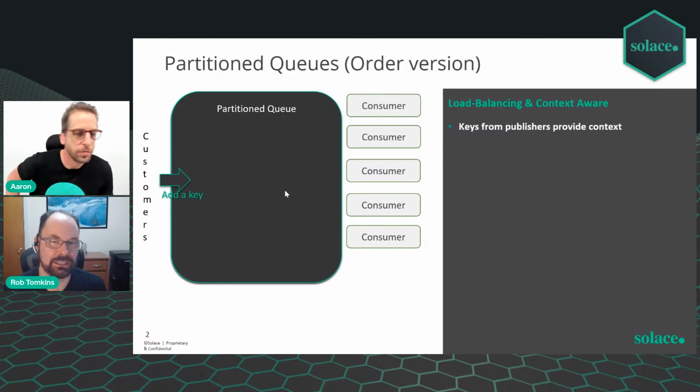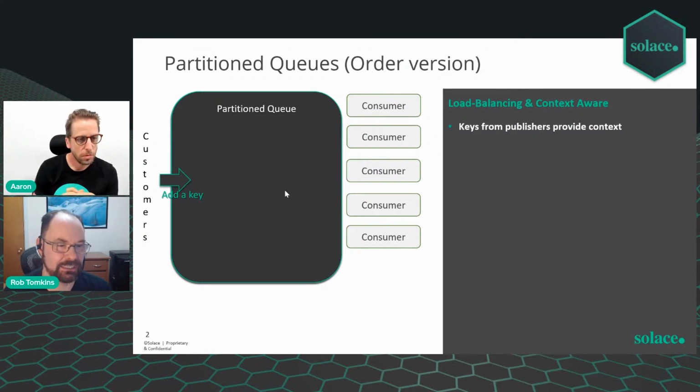At the same time as partition queues come out, we're changing all our APIs, so our APIs will allow you to add a key. We're putting this into the JMSXGroupID, which was developed a long time ago for exactly this purpose.